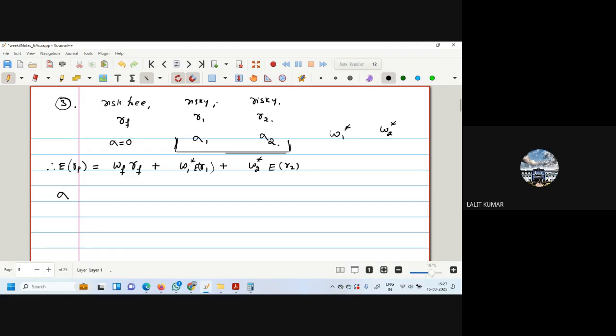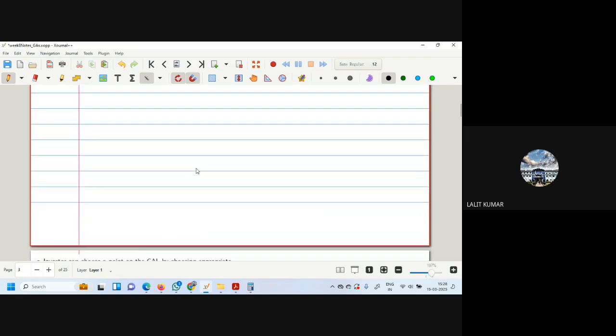And the variance of the entire portfolio will be the same as what you obtain for the risky part variance, since the risk-free part is 0. Is this okay, Ulas? Yes, sir. Okay. So these were the three main concepts covered in the entire lecture.